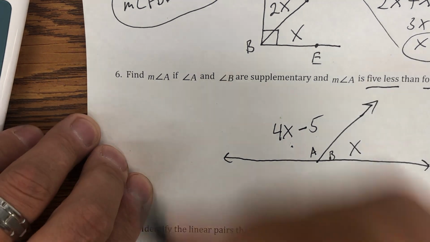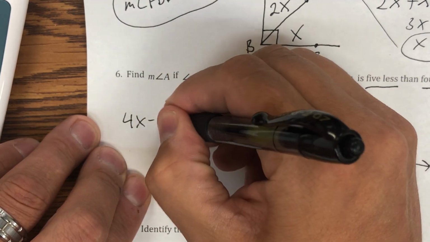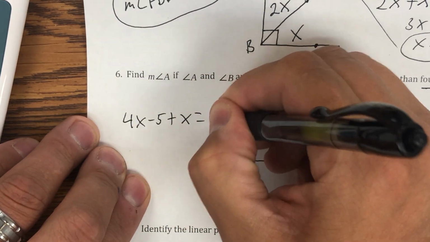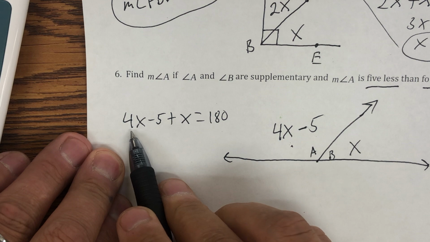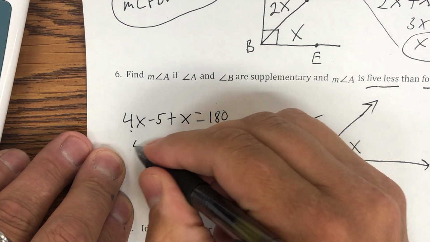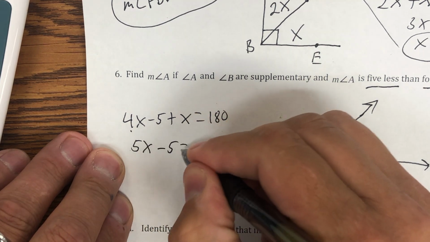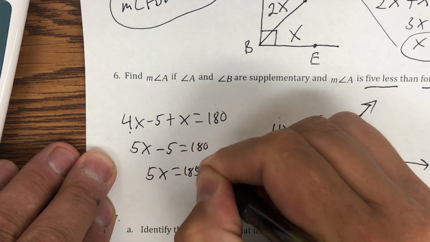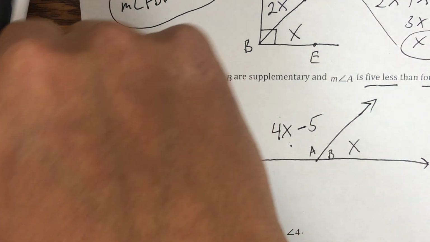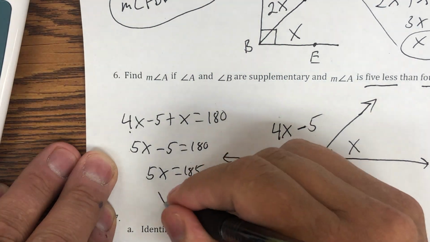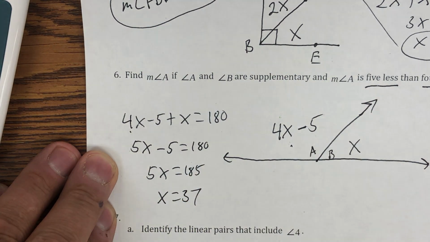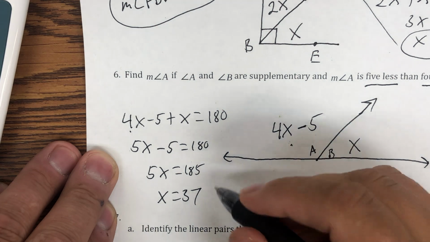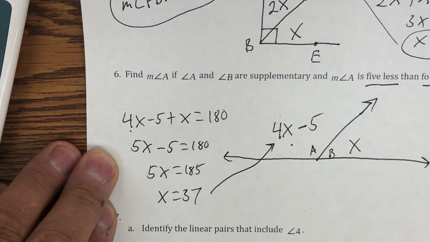Together, these two add up to 180. So 4X minus 5 plus X equals 180. Now we just have to solve. 4X plus X is 5X minus 5 equals 180. 5X equals 185. And 185 divided by 5 is 37. So X is 37. And we're supposed to find angle A. So I have to put that back in.